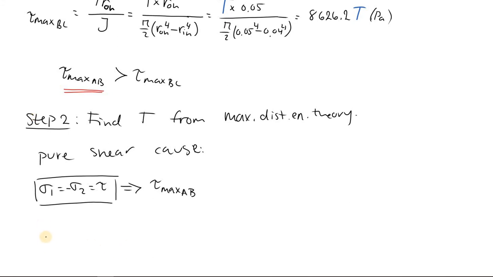The equation for that is simply our principal stress 1 squared plus our principal stress 2 squared minus principal stress 1 times principal stress 2, which will be equal to our allowable stress squared.